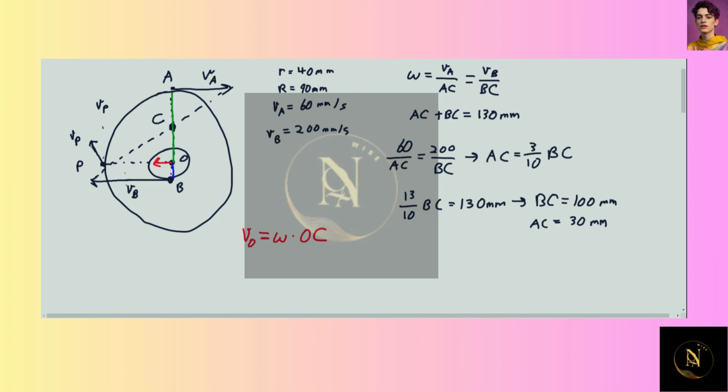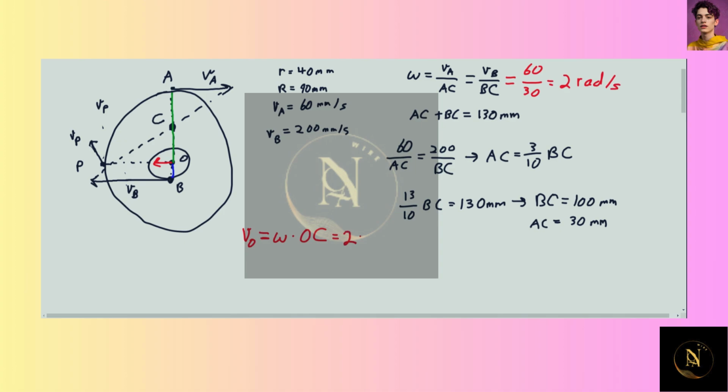We also need to actually calculate what omega is here, which I just realized I had not written down for us. So we have VA is 60 millimeters per second divided by AC, which is 30. That gives us 2 radians per second for omega.